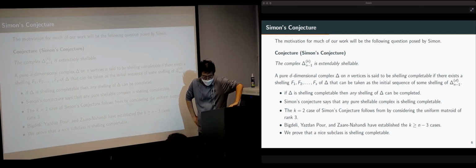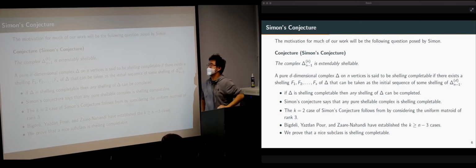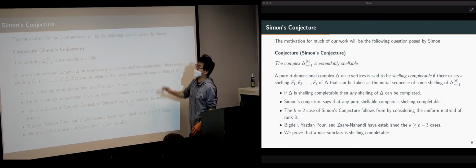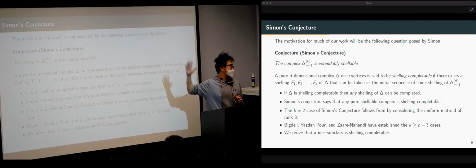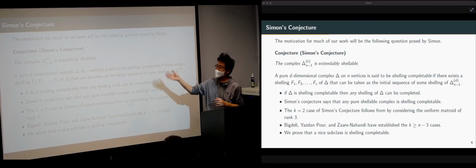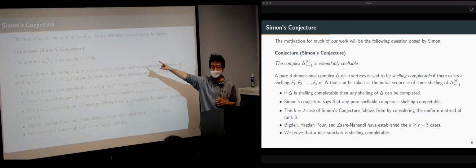It's definitely harder than deciding whether it is shellable or not. So the motivation for our work is the following conjecture posed by Simon. Simon conjectured that this crazy nice property holds for all k-skeleta of a simplex.